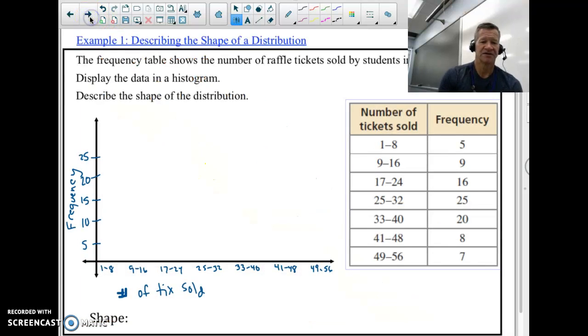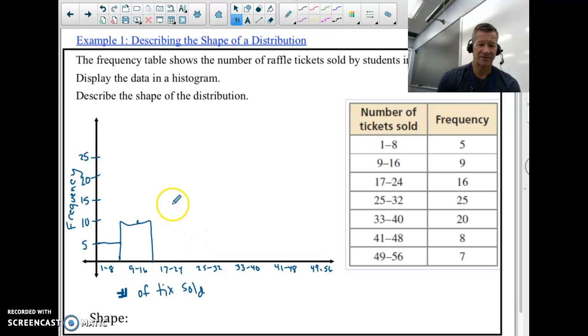All right. First, 1 through 8 sold 5 tickets. So I'm going to go up to 5, and we're going to put a bar that comes down right in the middle. From 9 to 16, there was 9. So go up to about 9, and make another rectangle that's about that high. I have trouble drawing lines on here, but forgive me.